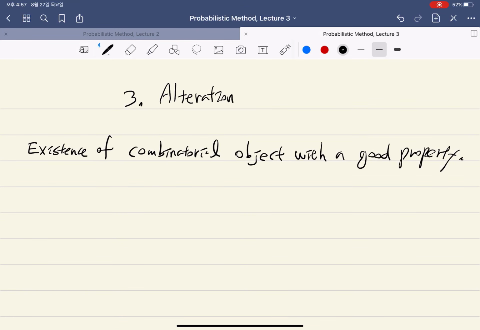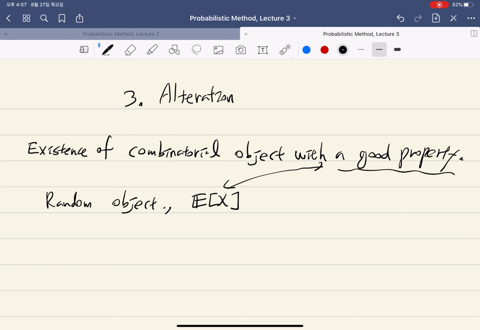How we do it is that we choose a random object, and then we compute the expectation of a certain random variable which measures this good property. And then if this expectation is alpha, then there exists a choice which makes this X at least alpha or at most alpha.